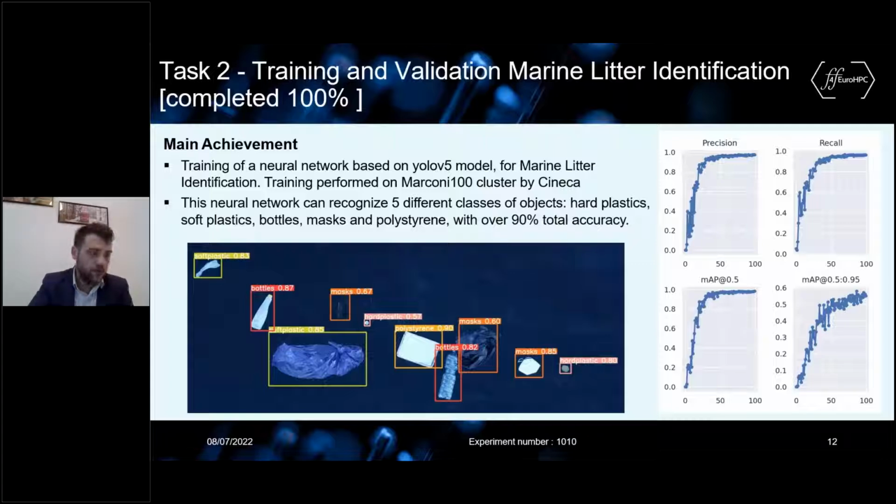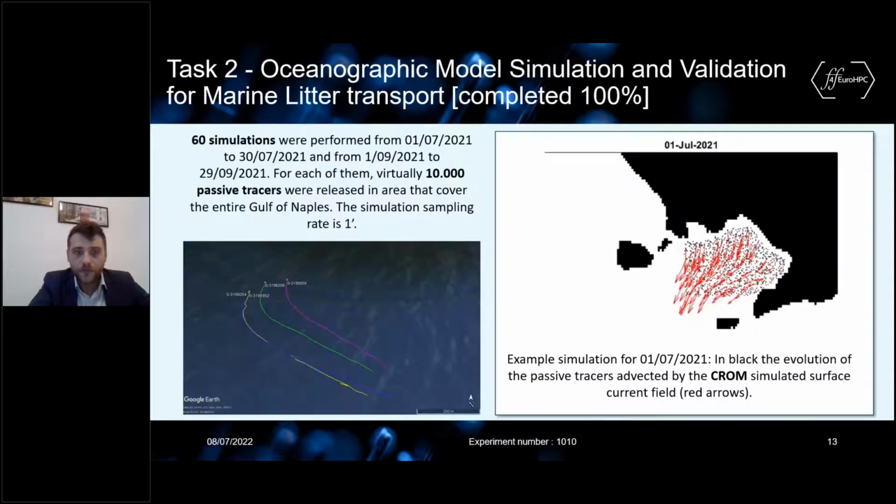Other information about the training: all of the objects in the images are labeled using dedicated software, and we can see here that we reach a high accuracy, quite 90%, in identifying masks, polystyrene, bottles, and a lot of other kinds of waste in hard plastic type.